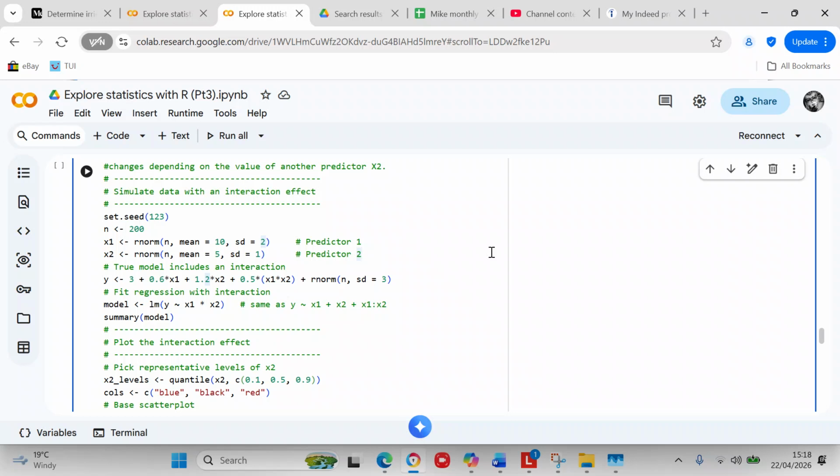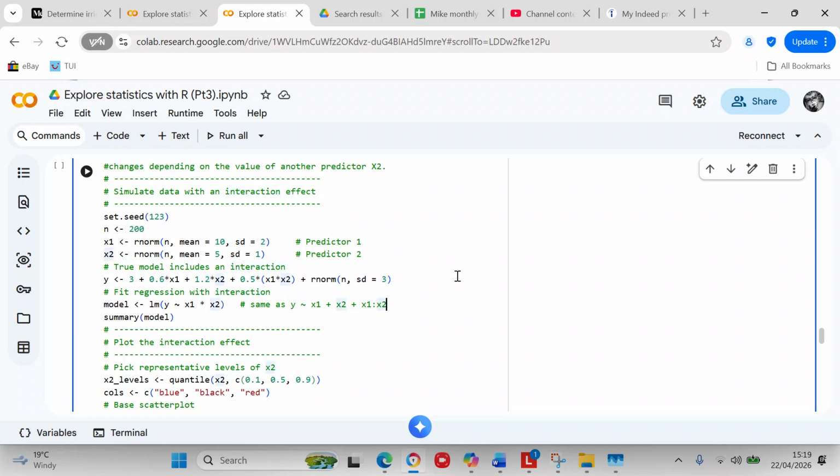We're going to have a true model, which includes an interaction. So Y becomes 3 plus 0.6 times X1 plus 1.2 times X2 plus 0.5 times X1 times X2 plus rnorm with 200 samples and a standard deviation of 2.